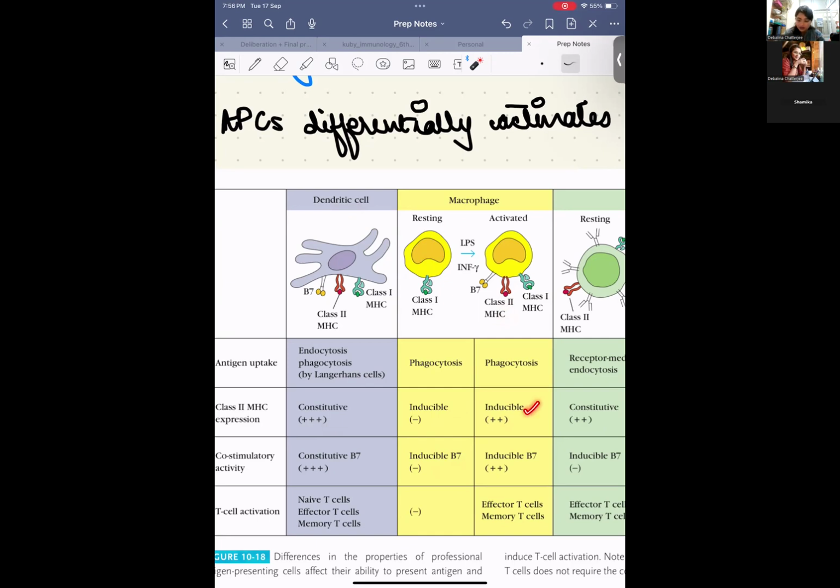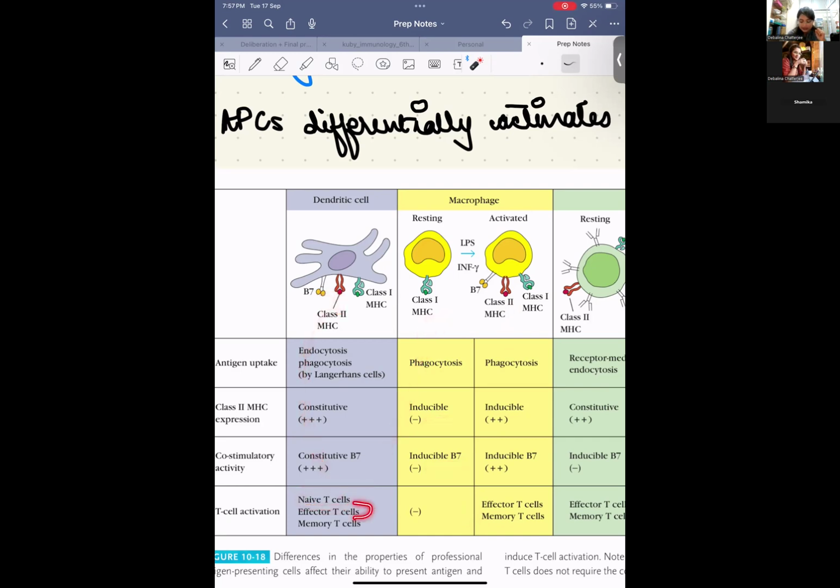We have induced expression of MHC2 molecules that present the peptides, along with induced expression of B7 molecules. So initially, when the encounter of a T cell happens, this T cell is going to be an effector or a memory T cell, because naive T cell activation only happens with dendritic cells, since here it cannot get a chance to interact because we do not have anything present on it.